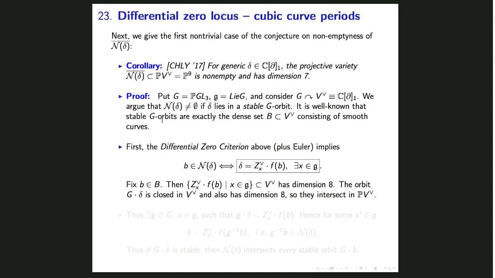So B is in N delta if and only if the delta operator can be expressed simply like that, given by this V check acting on the universal section evaluated at B. So notice that this is a linear equation. It's linear in B, linear in X, and it's linear in delta. Okay?